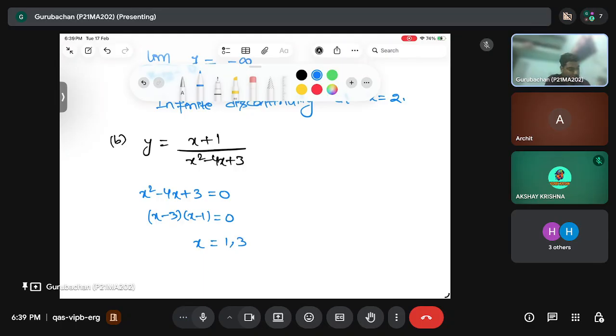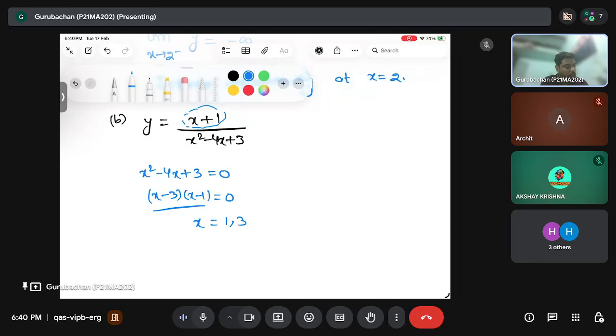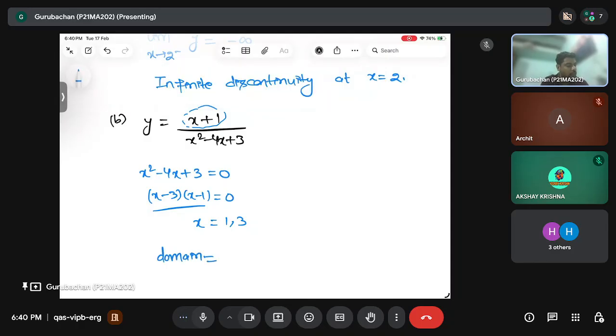So in the domain, can you say that this function will cancel any of the factors? I think no. So your domain of function is again real numbers minus 1 and 3.